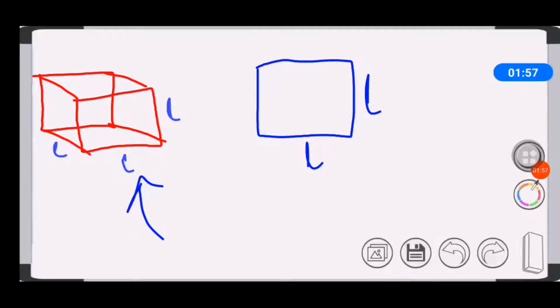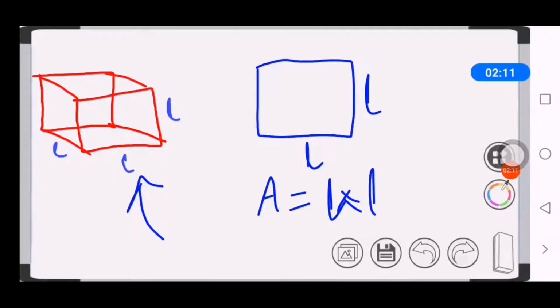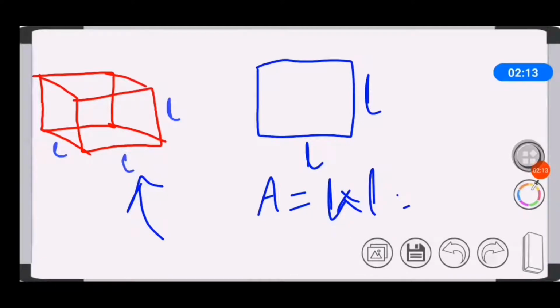If you have forgotten how to find the area, please look through the description. There is a link to the area of a square. Watch that video and come back to this. So area of a square is simply the length times the length, right? Which we got as the square of the length. That is just the front face.